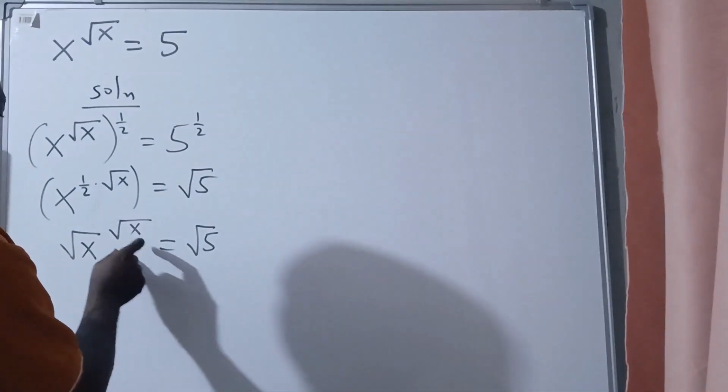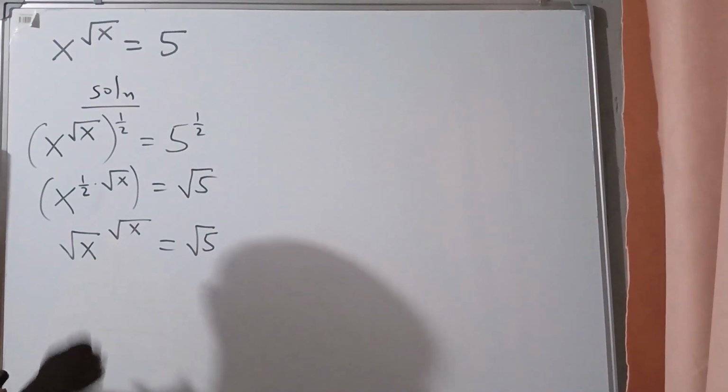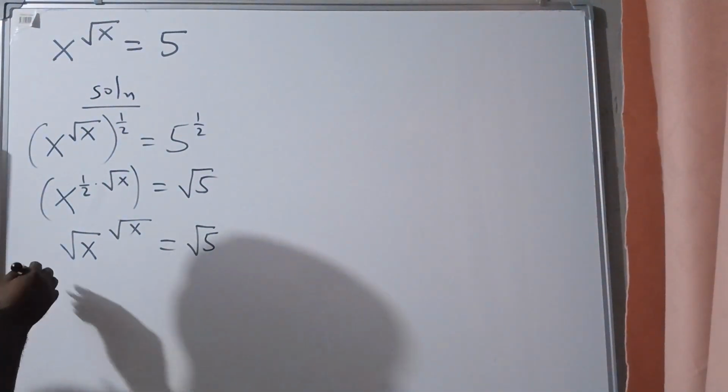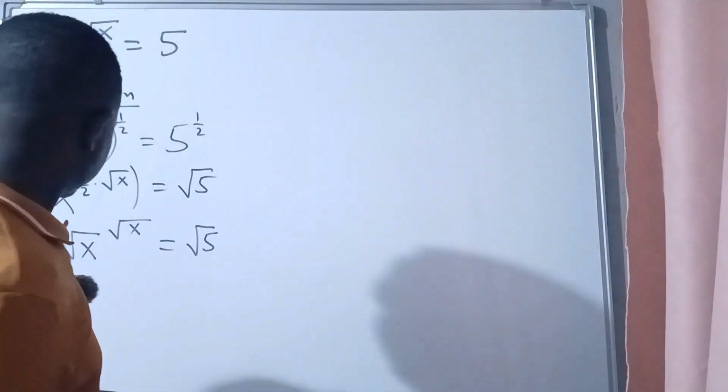Now from here, we can take log on both sides. The idea is to bring this one down. So let's go ahead and take log on both sides. I'll go by the natural log. So I'll take ln on both sides: ln of square root of x raised to x equals ln of square root of 5.